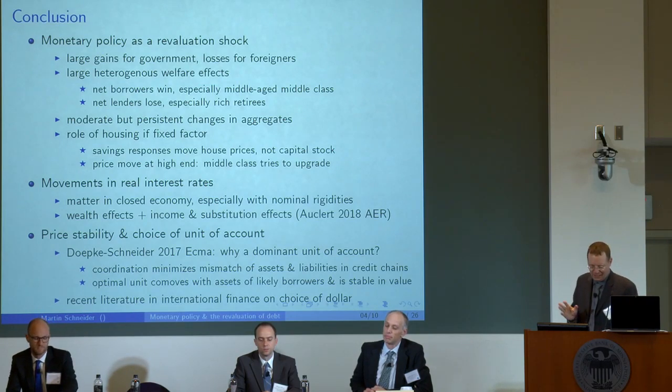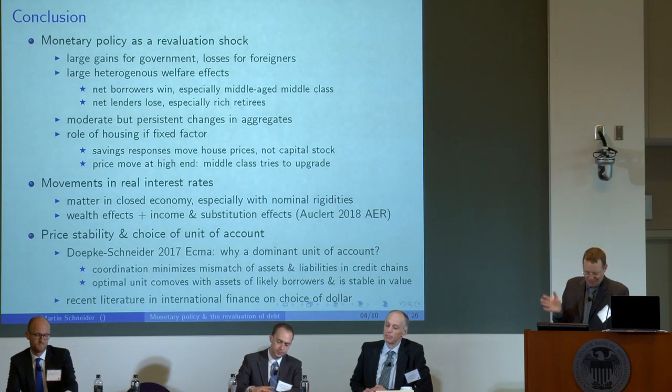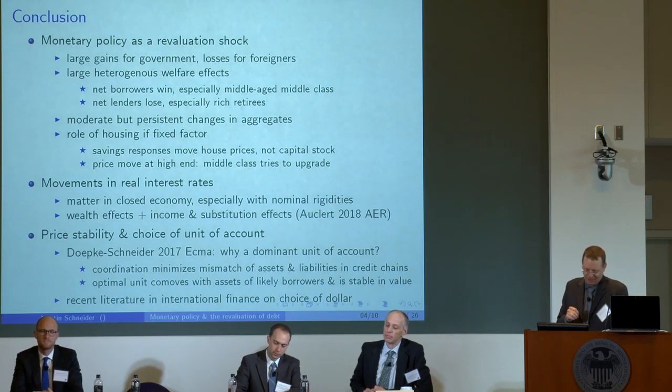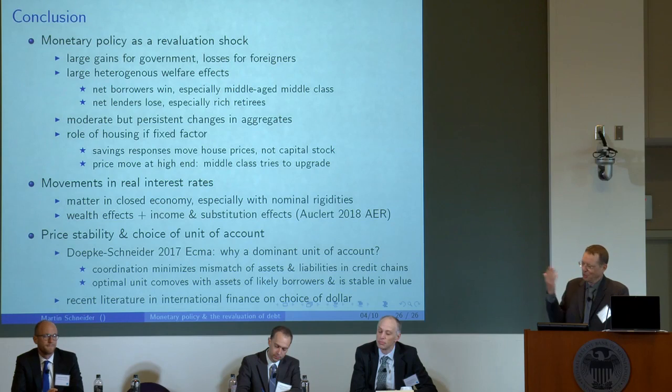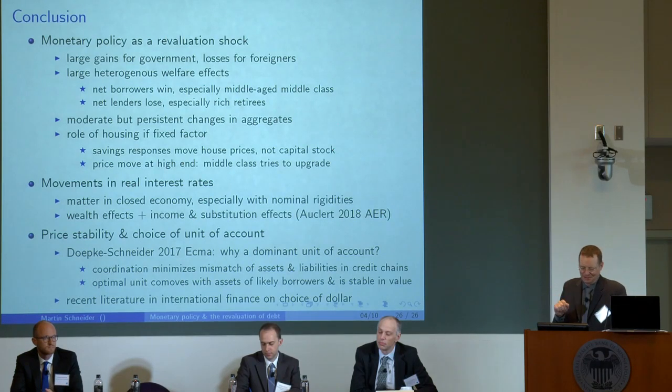Let me comment on two things that we're not doing in this research. One is that everything here abstracts from movements in real interest rates. Right? So I put an open economy, there's a world interest rate, and that is not affected by my exercise. If we had a closed economy, especially one with nominal rigidities, then movements in real interest rates would be important.